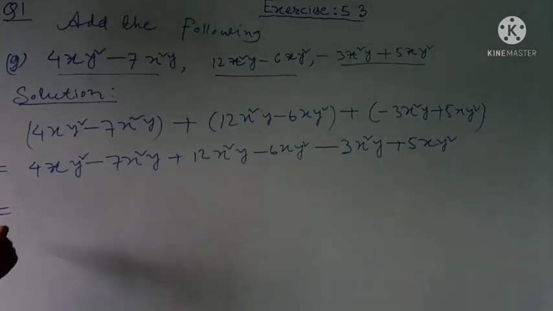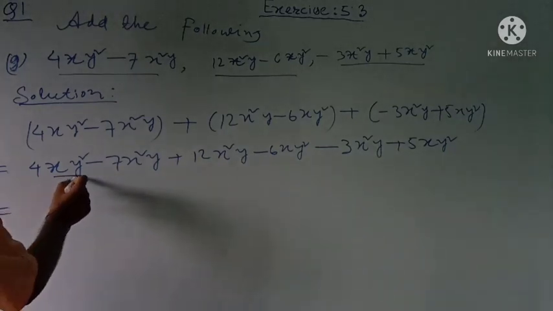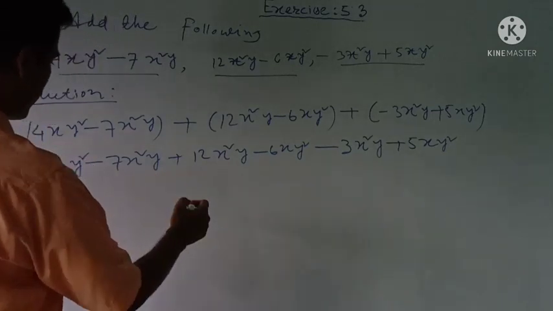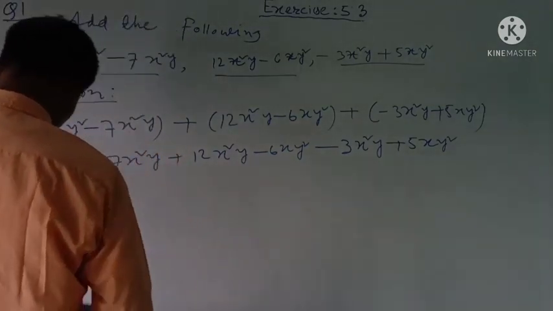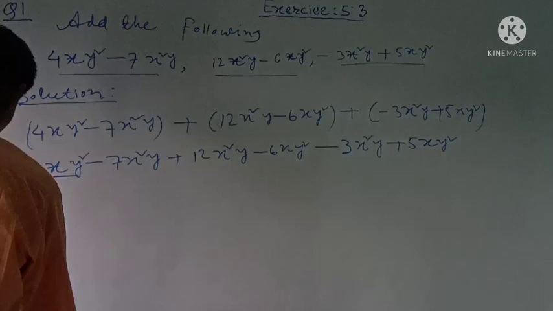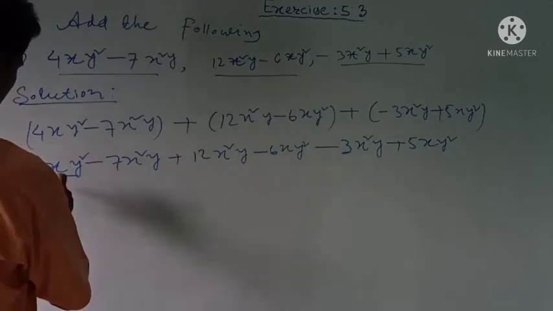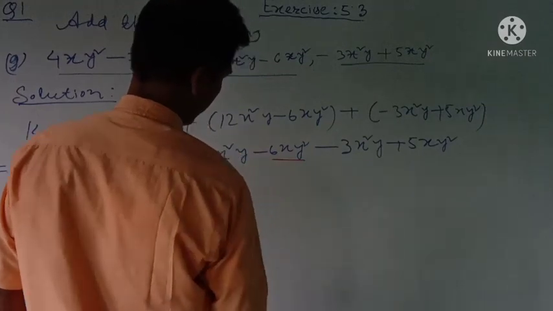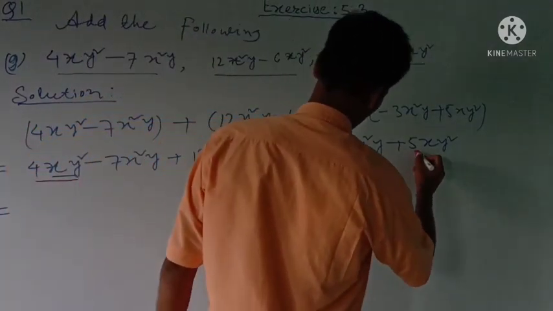Okay, now in the following step you see what we'll do: we'll bring all the like terms together. See, first term we got xy square. We'll see whether there is any more xy square or not. Yes, we've got one here, and again one more xy square.